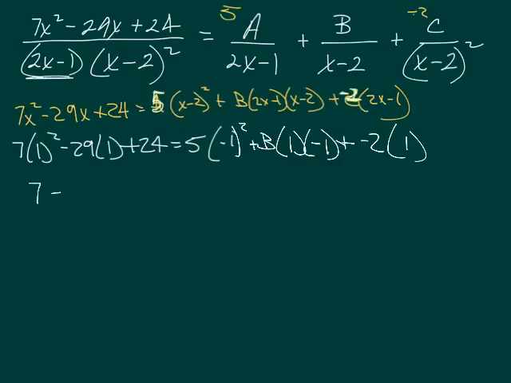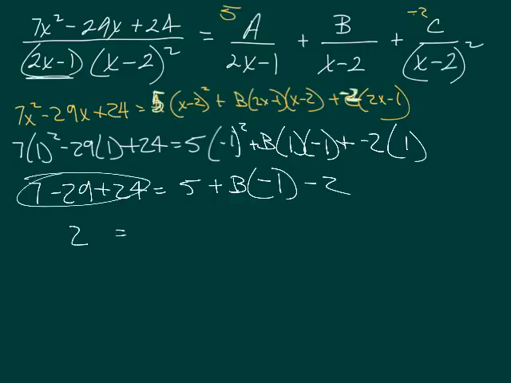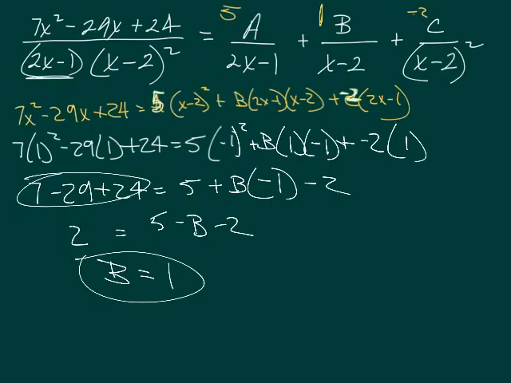So we have 7 minus 29 plus 24 equals 5 plus b times negative 1 minus 2. Okay, so now we have 2 equals 5 minus b minus 2, which gives me a b value of 1. So now my b value, clear up here at the top in the very beginning, is going to be 1.